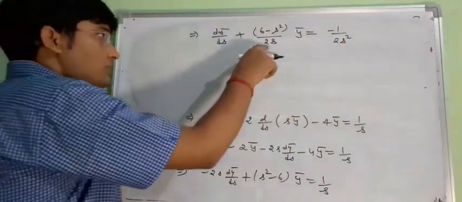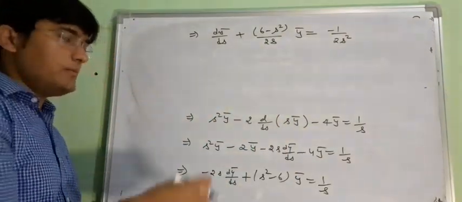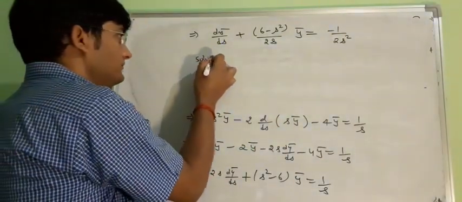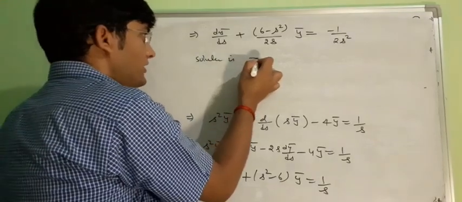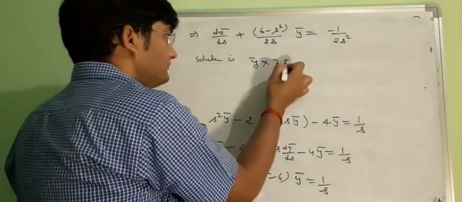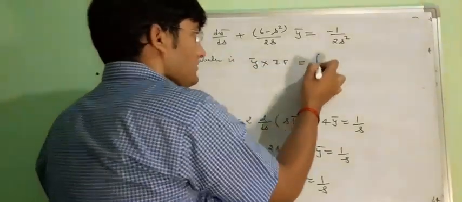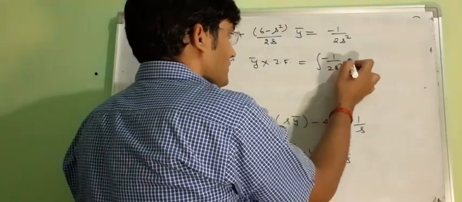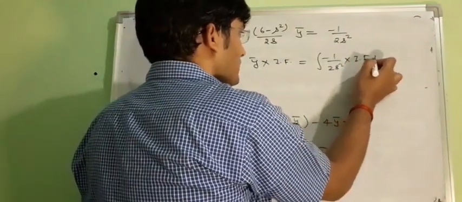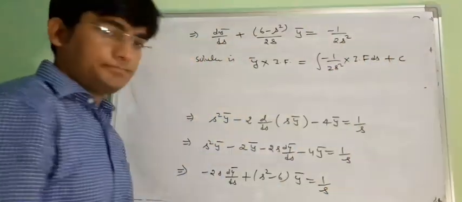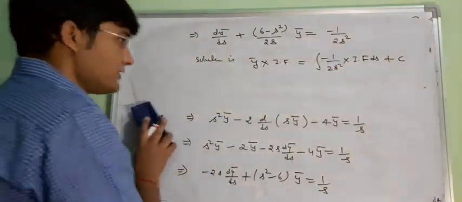So the solution of this particular differential equation will be y bar into integrating factor equal to, on the right hand side, minus 1 upon 2s square into integrating factor into ds plus some constant of integration. So this is the solution.